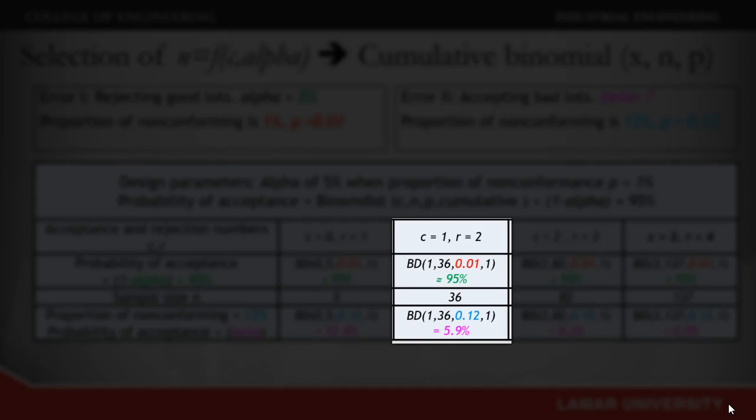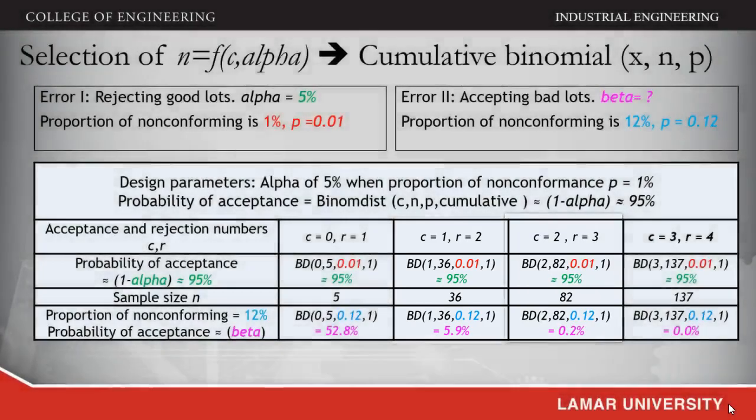And that is convenient because if you now have 12% defective product in the lot, you have only 5.9% chances of not detecting that the lot is bad. If you proceed and extract even more information with a sample size of 82 at the same 12% non-conforming, the chances of you not detecting that is only 0.2%.